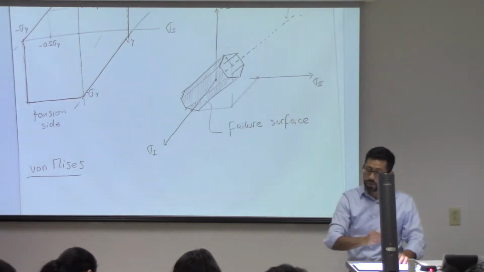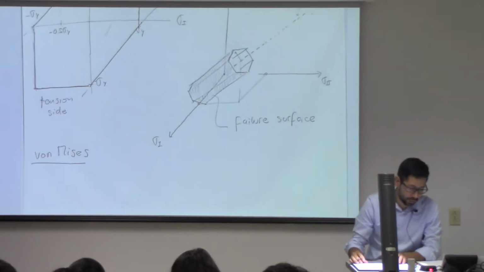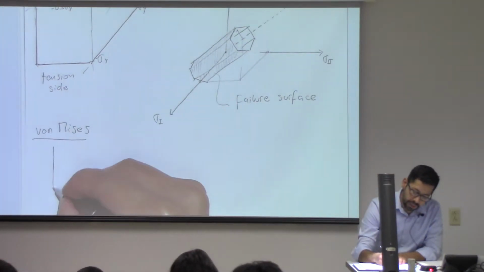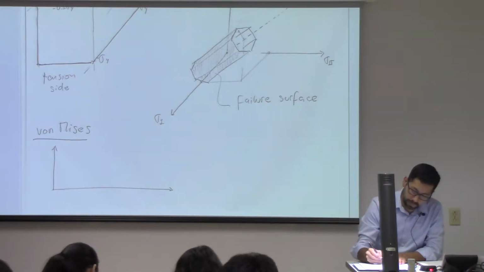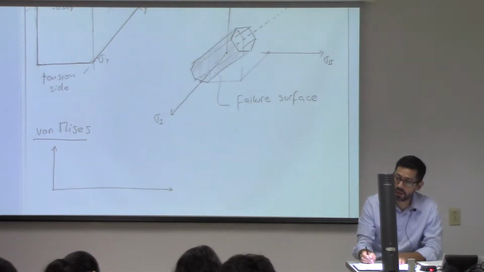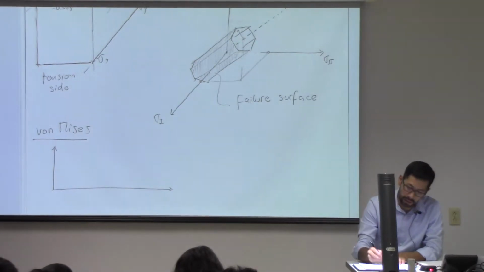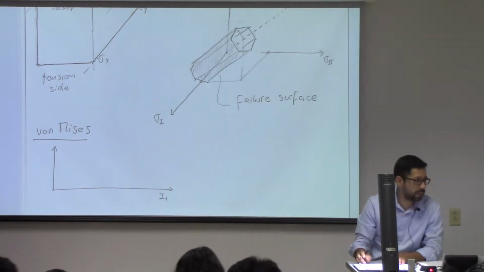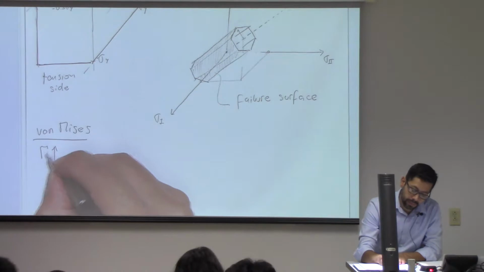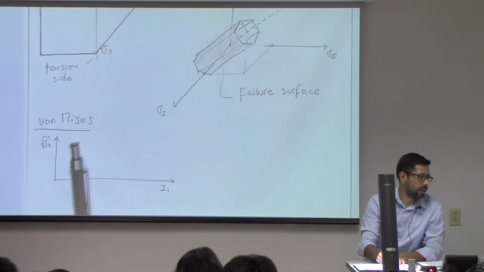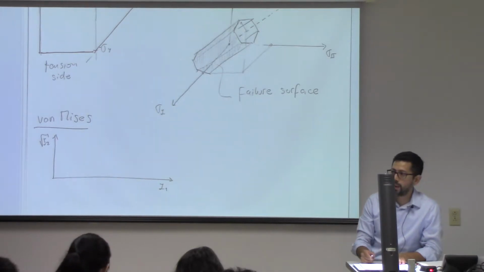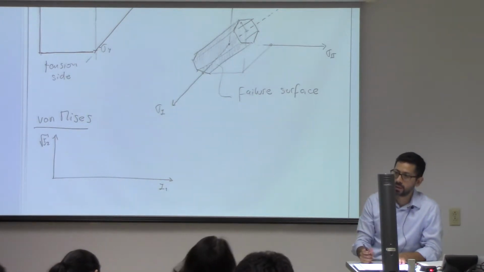So in order to solve that problem, we have the von Mises criterion. And the von Mises stress failure criterion is not defined in terms of principal stresses, but it's defined in terms of J2 and I1.